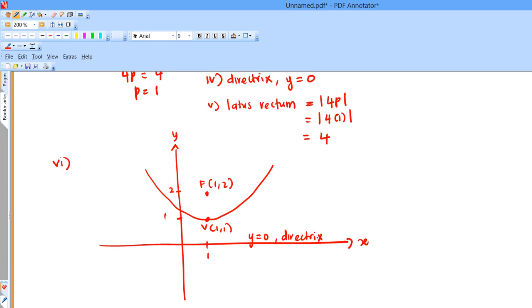And actually our latus rectum, here it equals 3, and this one equals -1. So from -1 to 3 actually equals 4 units.